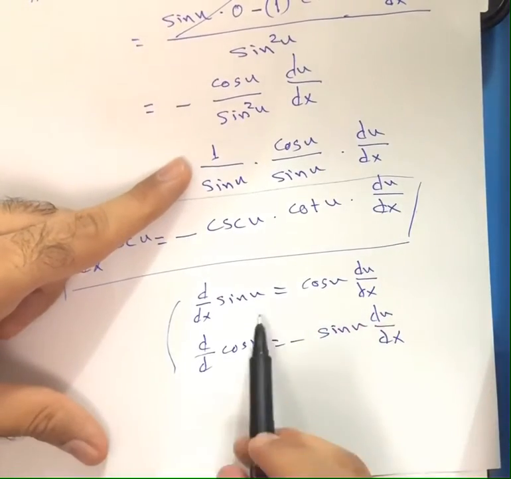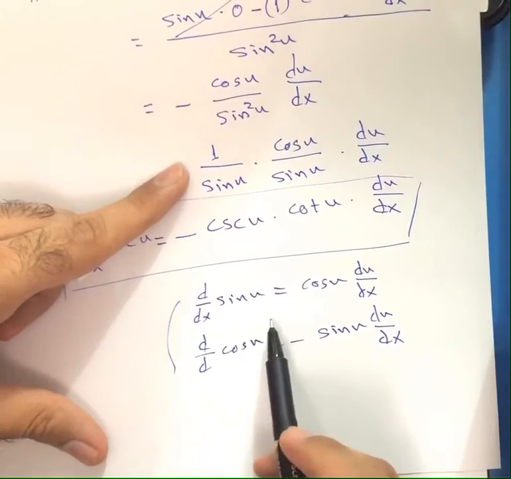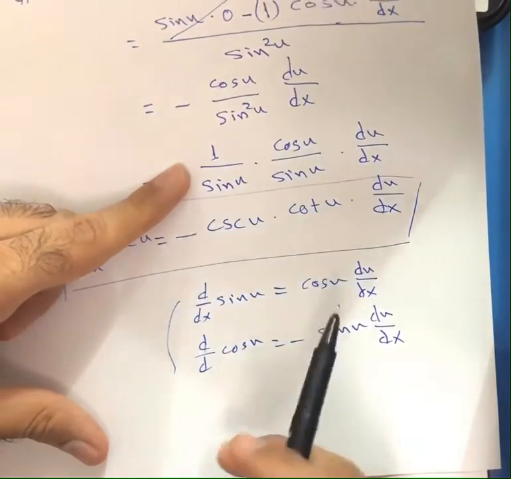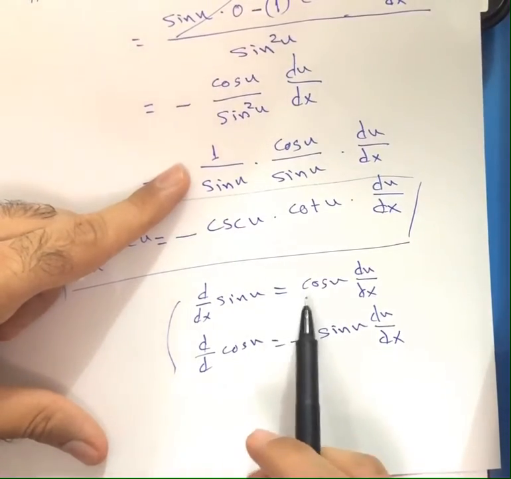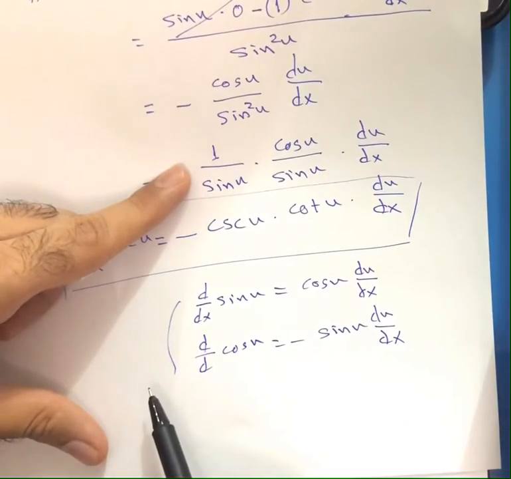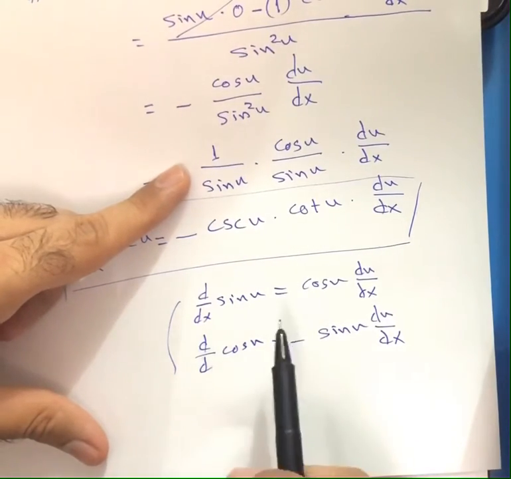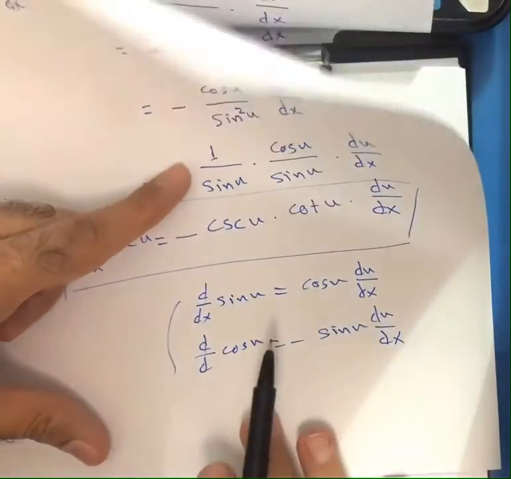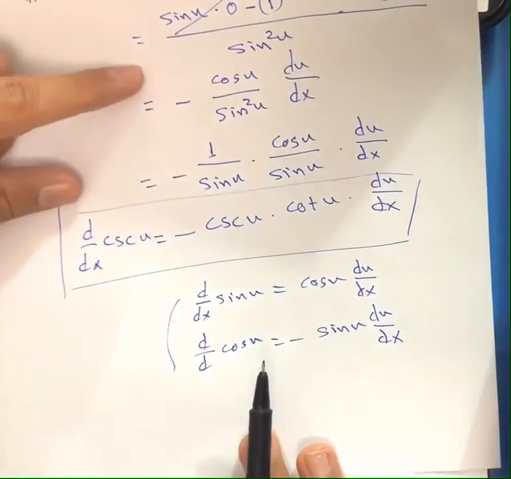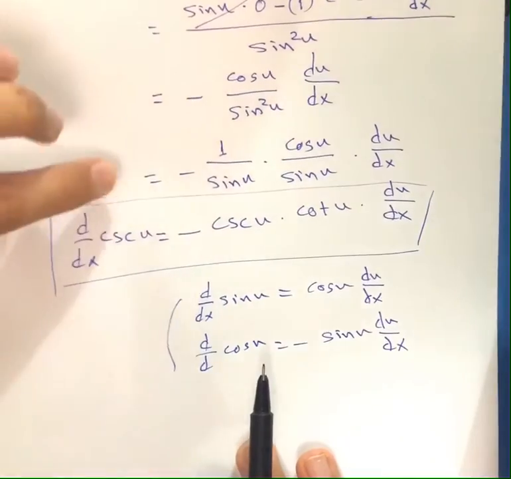If we know these, we can save them actually, then it is very possible and very easy to develop the derivative of the other trigonometric functions like tan u, cotan u, sec u function and cosec u, as illustrated just before a few minutes.